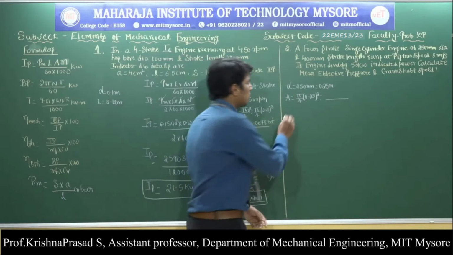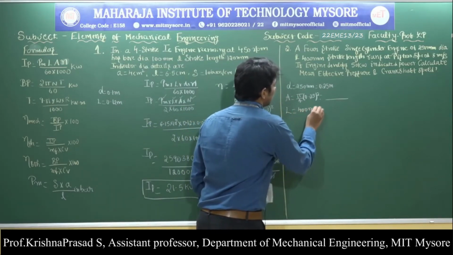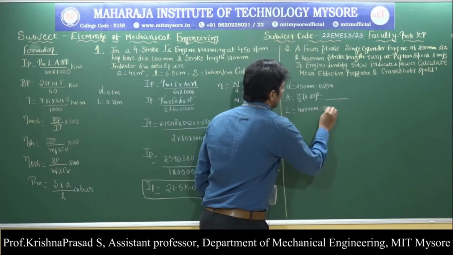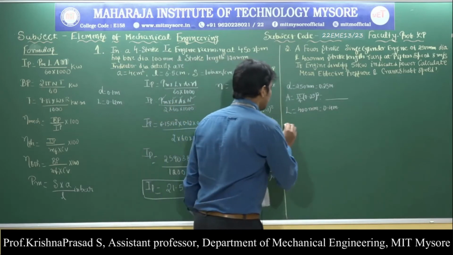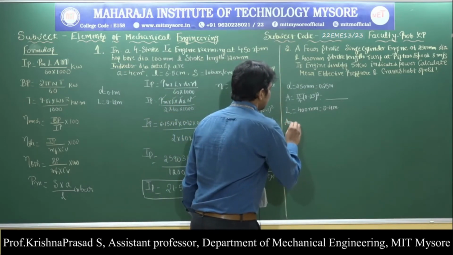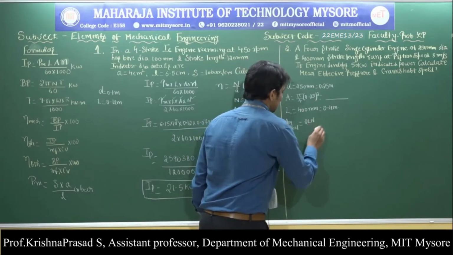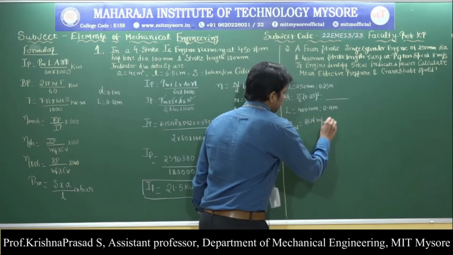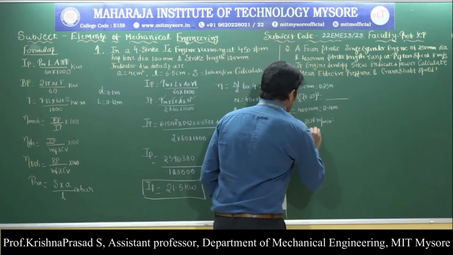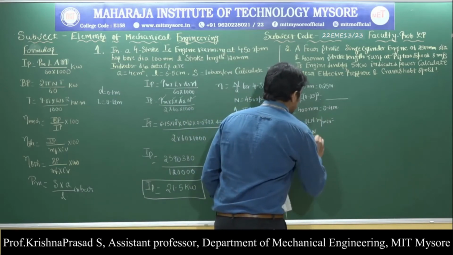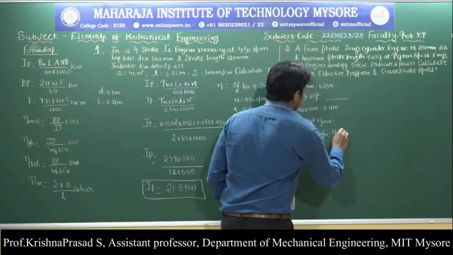Then the stroke length L is equal to 400 millimeter, that is 0.4 meters. And then the average piston speed formula is 2LN meter per minute, but here they gave it in meter per second, then 2LN divided by 60 gives meter per second, and that is equal to 8 meter per second.